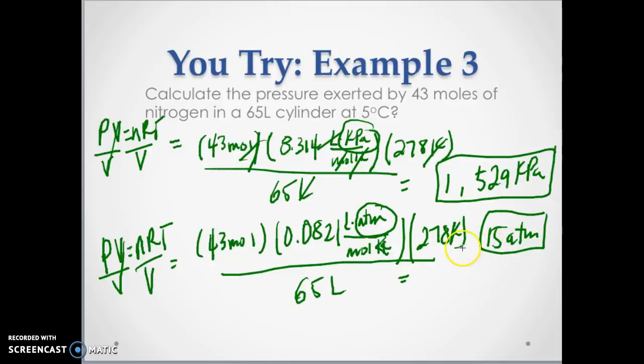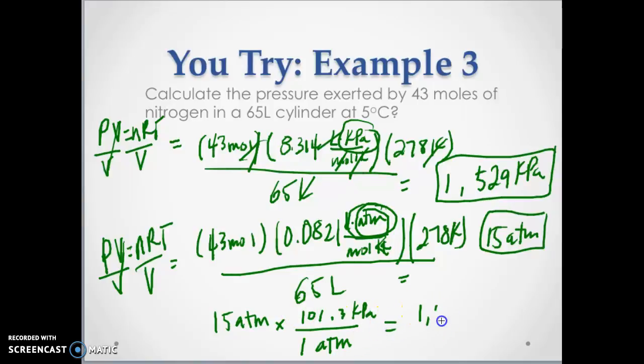So for example, in the beginning, let's say the question says find the answer in kilopascals, but you're only given this R, then at the end you could just do a simple conversion. 15 atmospheres times 101.3 kilopascals per 1 atmosphere, because that's the conversion factor according to your notes, and you still get a number that's relatively close to this number right here.